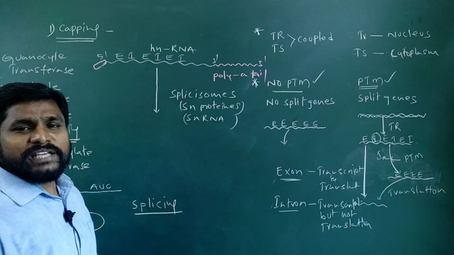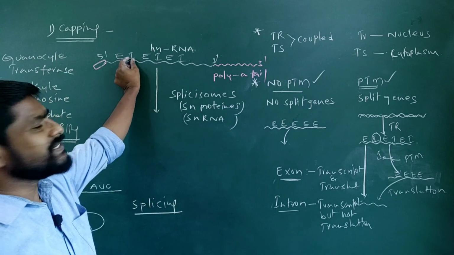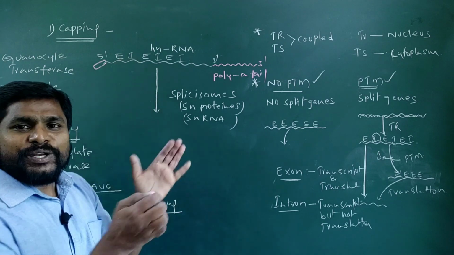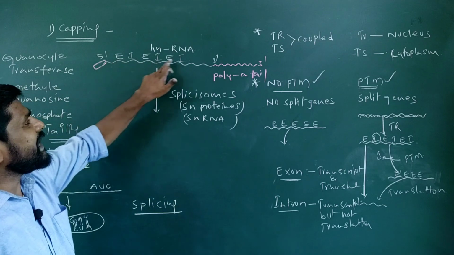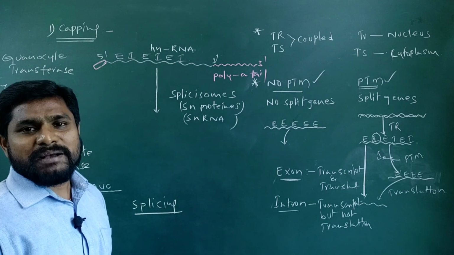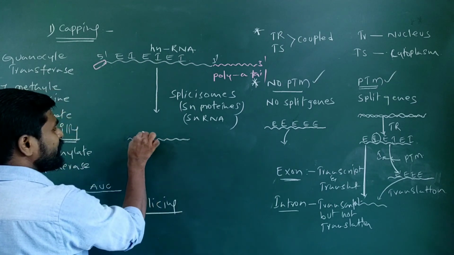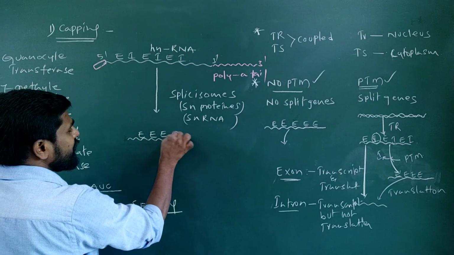The function of these spliceosomes is excision of the non-coding regions, introns, and joining of the coding regions, exons, together to form a matured functional mRNA. So this is a matured functional mRNA molecule which consists of only exons.